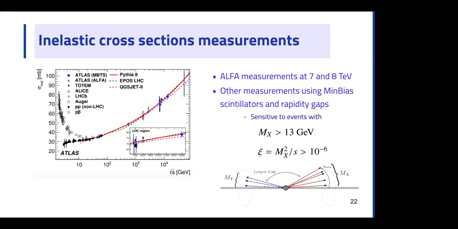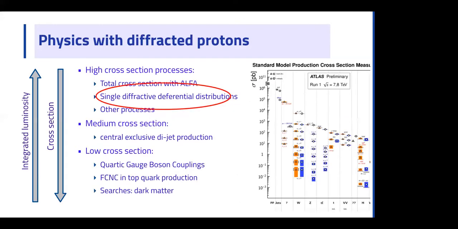And they are at 7 and 8 TeV, and it will be interesting to have a measurement also at 13 TeV, where we have the data, so it needs to be analyzed. And this will help reduce extrapolation uncertainties to energies such as the energies of Auger.